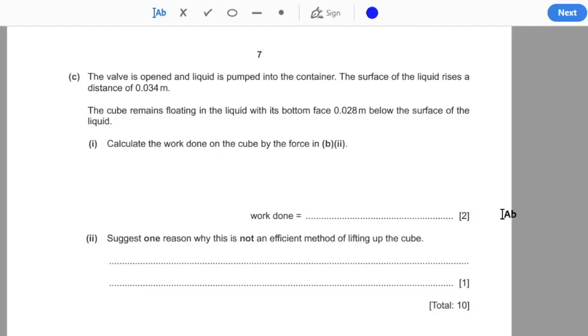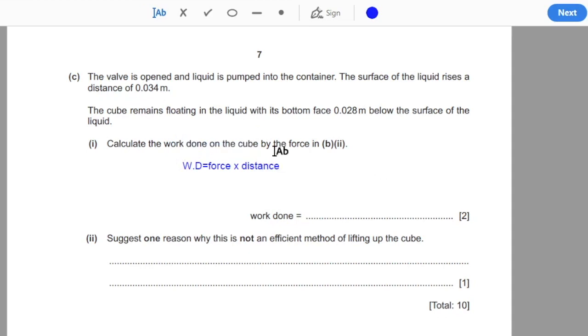Part C. The valve is opened and the liquid is pumped into the container. The surface of the liquid rises a distance of 0.034 meters. The cube remains floating in the liquid with its bottom face 0.028 meters below the surface of the liquid. Calculate the work done on the cube by the force in B2. Okay, so the formula for work done is force multiplied by distance.